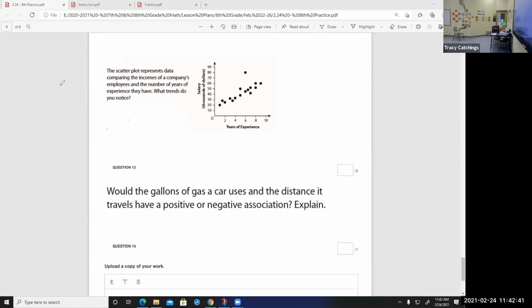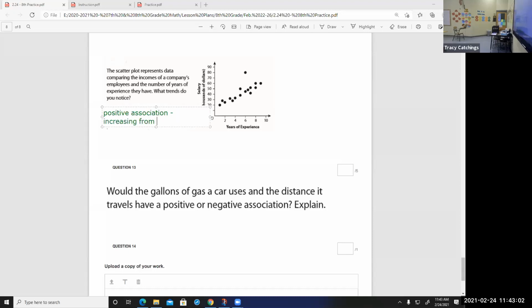The scatter plot represents data comparing the incomes of a company's employees over a number of years. What trends do you notice? Did I skip one? Okay, we'll go back. All right, so somebody said positive association, increasing left to right.